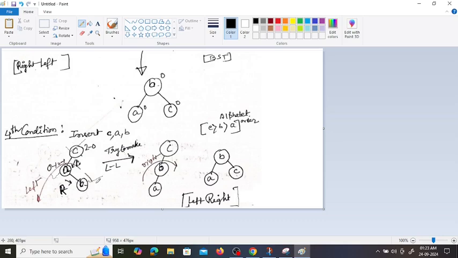So what we'll do is a left rotation first, like this.